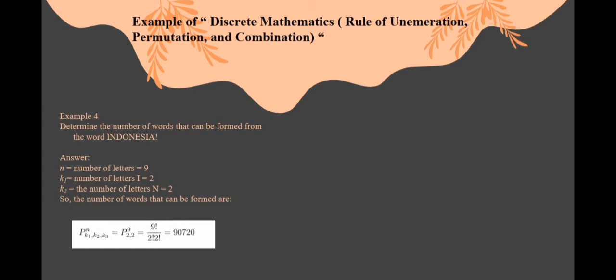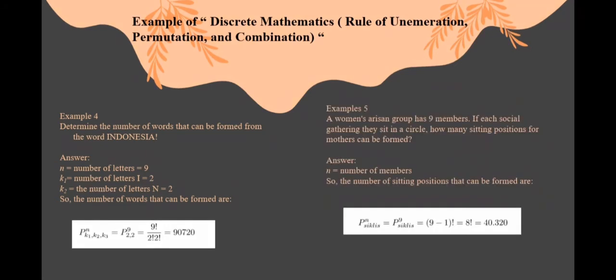So the number of words that can be formed is the permutation of n with K1, K2, which equals 9 factorial over 2 factorial times 2 factorial equals 90,720 ways.